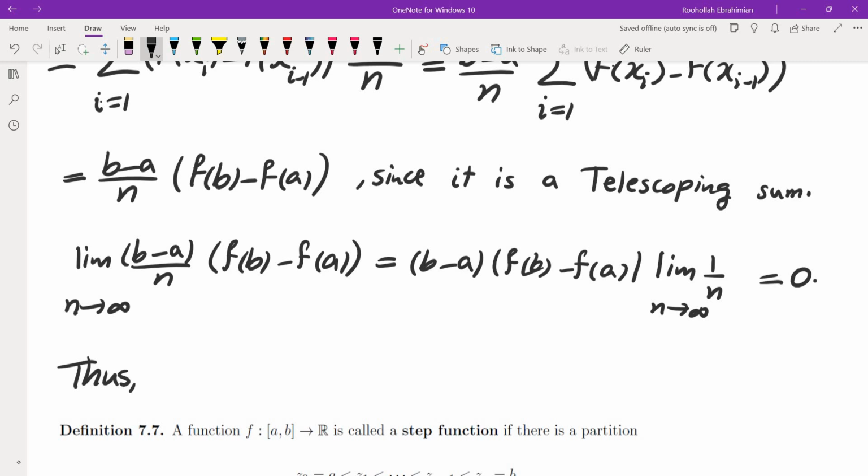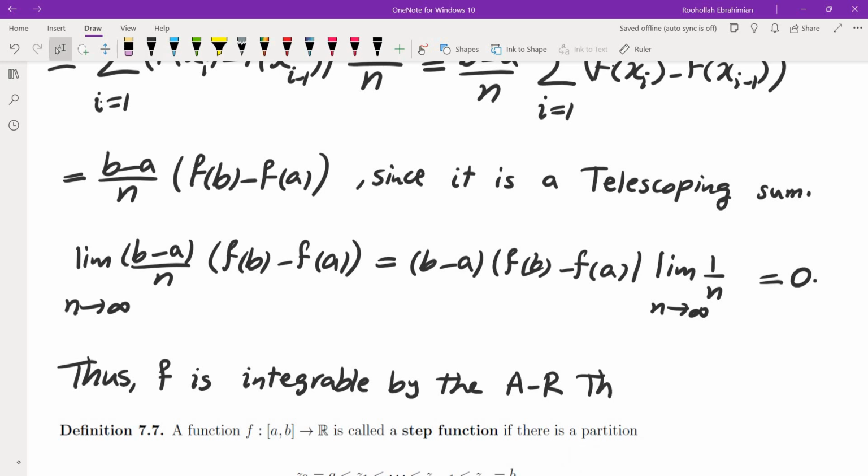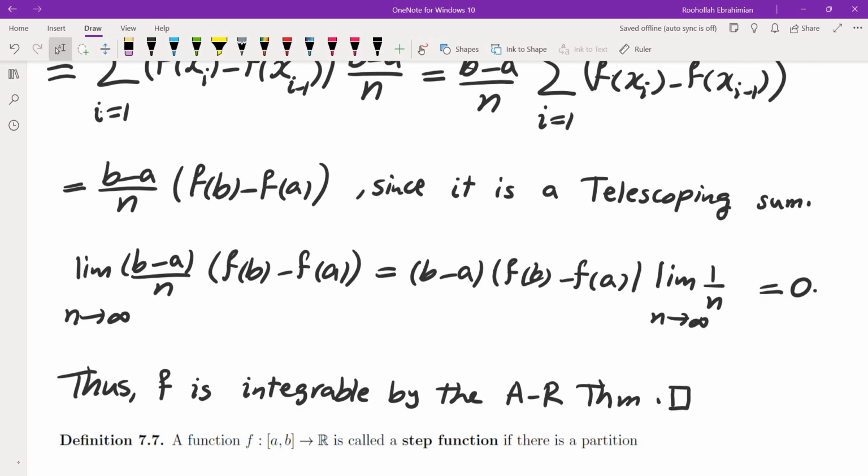And that means f is integrable by the Archimedes-Riemann theorem. What we did was we showed that the regular sequence of partitions is Archimedean. Therefore, the function would be integrable.